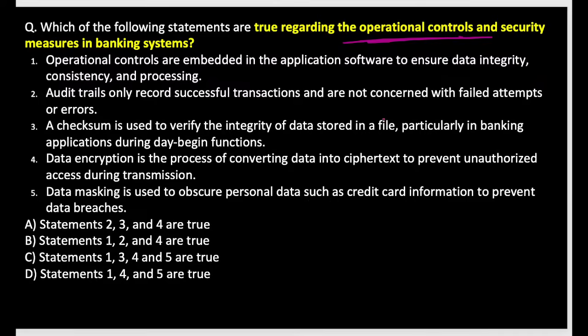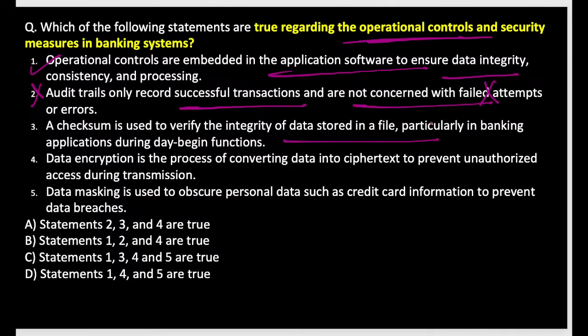The first statement is operational controls are embedded in the application software to ensure data integrity, consistency, and processing. True. Second, audit trails only record successful transactions, are not concerned with the failed. They are more concerned with the failed transactions and errors. A checksum is used to verify the integrity of data stored in files, particularly in banking applications during day begin functions.